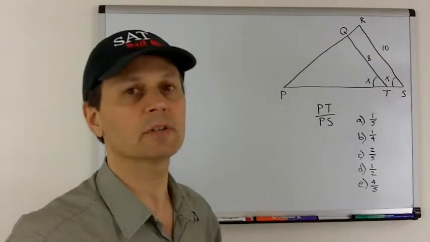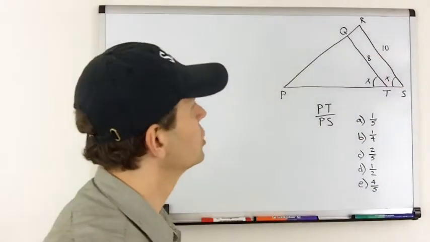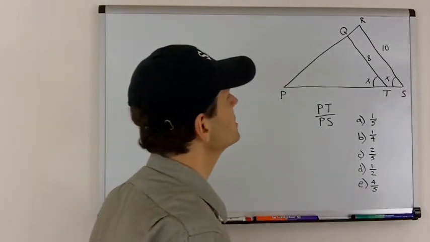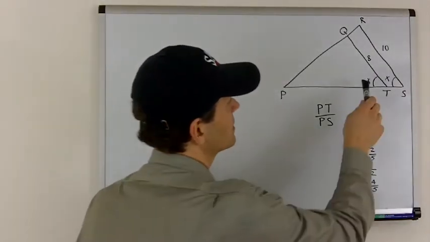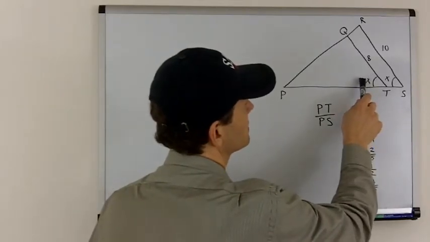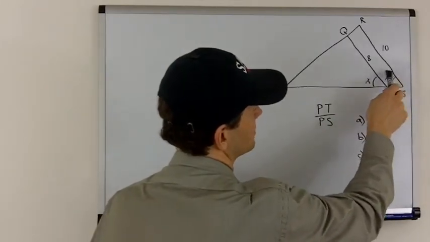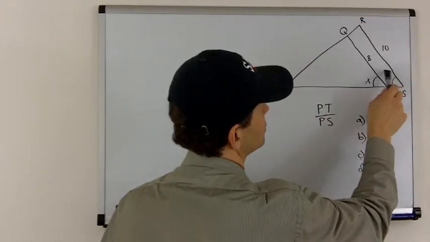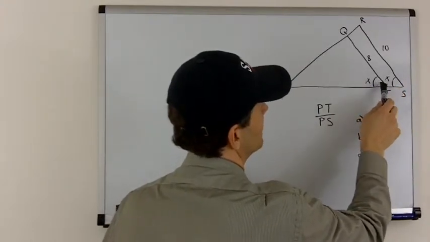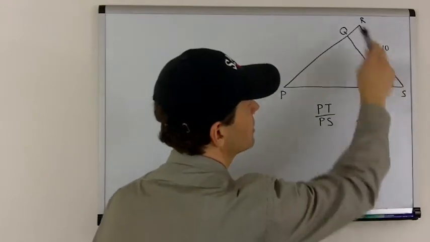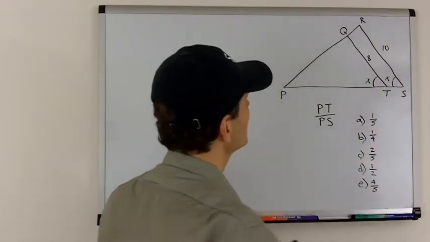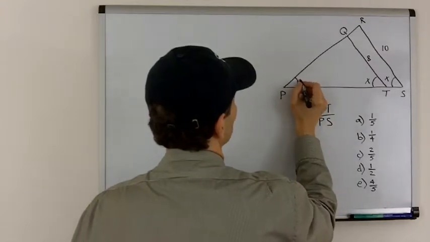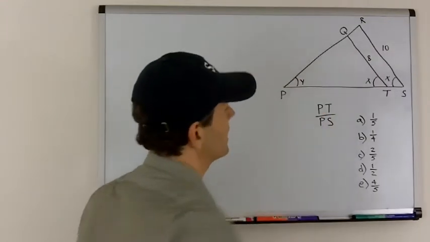Now, how do we know that they are similar triangles? We know that they're similar because we have been told that these angles both have a measure of X, okay? So that's one angle, and then they share this angle. Let's call it angle Y, okay?